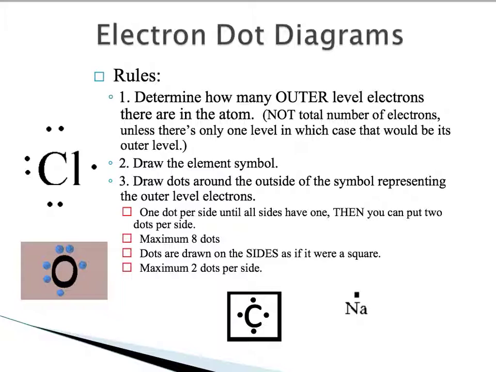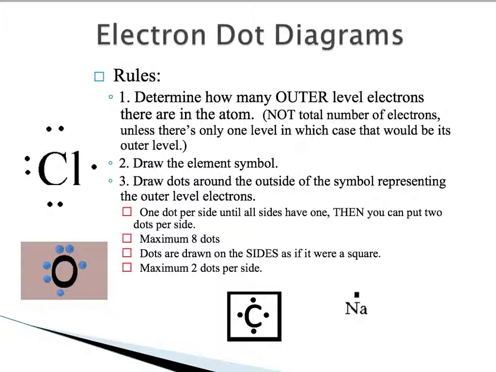Until all sides have 1, and then you can start to double up, okay? Because electrons want to be away from each other, so you don't want to double them up until you have to. And then the maximum is 8 dots, because no matter what atom it is, how big it is, the outer level will never, ever have more than 8 electrons in it, okay?